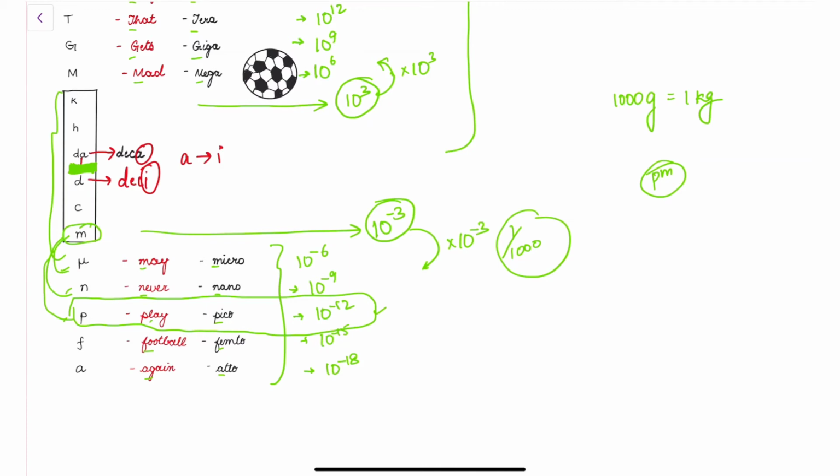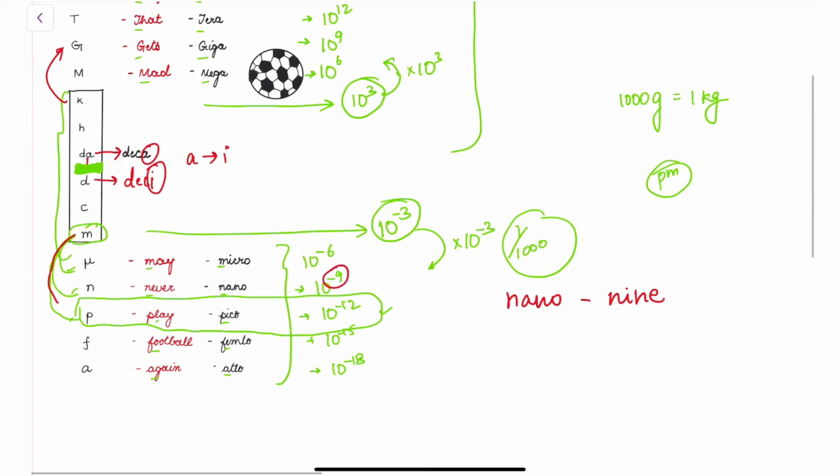Sometimes there are certain units, and every time deducing from milli or from kilo is difficult, right? So I've got a few tricks for that also. For nano, it is 10 power minus 9. The trick is N: nano 9.